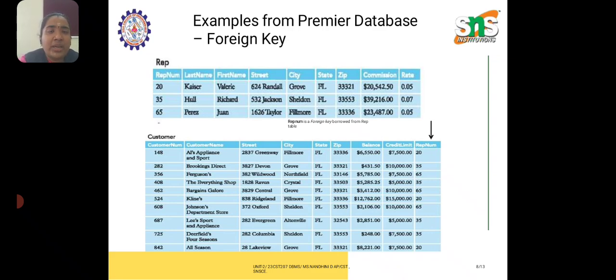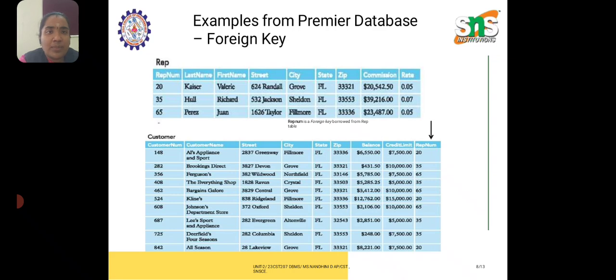Here the rep number is common to both tables, so it is very easy to find the relationship, because the rep number is in the rep table and also in the customer table.